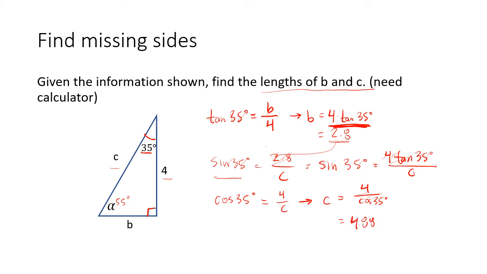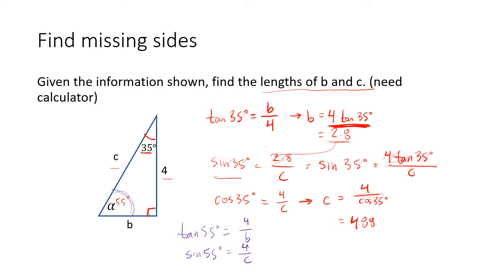Now we could have also, and we're not going to go through this process, but if we wanted to instead work with the 55-degree angle originally, we could have just as well said that the tangent of 55 degrees is equal to 4 divided by b, solve for b. We could have said that the sine of 55 degrees is equal to 4 divided by c.